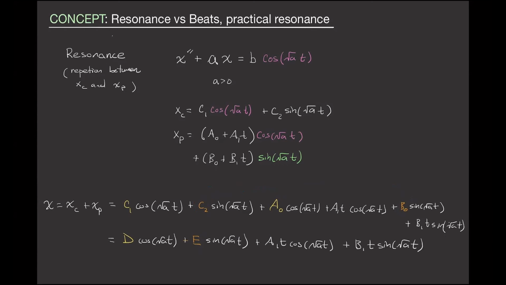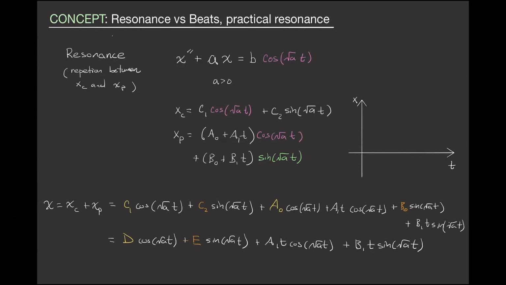So what's going to happen now? Well, over time, t is going to grow. If we introduce a coordinate axis, here's t and here's x. It starts out that t is equal to 0. So when t is equal to 0, you don't have these terms on the end. What you have is just this. So you start out with just some combination of cosine and sine, which amounts to what looks like a shifted cosine or sine curve.